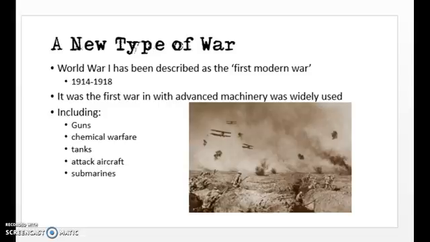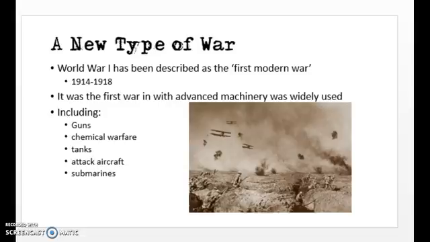We have chemical warfare. Things like mustard gas can really take down a lot of troops at once, and this is the first time it is used in a war. We have tanks. Tanks are new technology at this time. They don't work so well yet, but both sides use tanks in World War I. Secondly, attack aircraft.